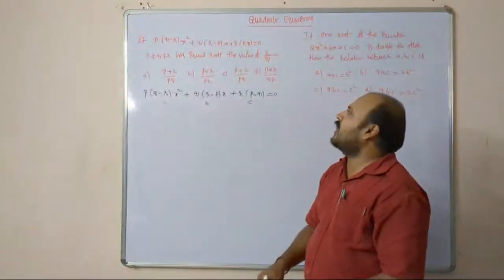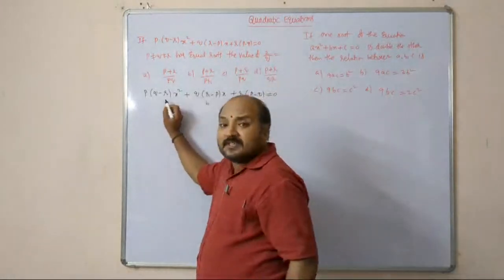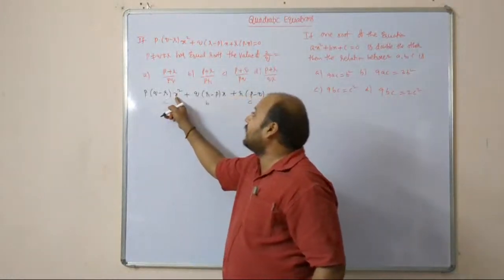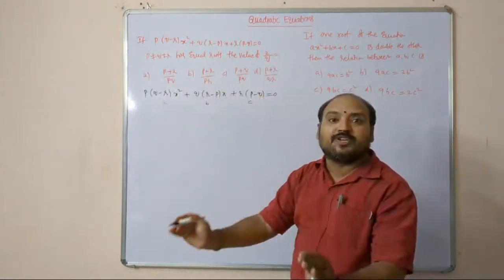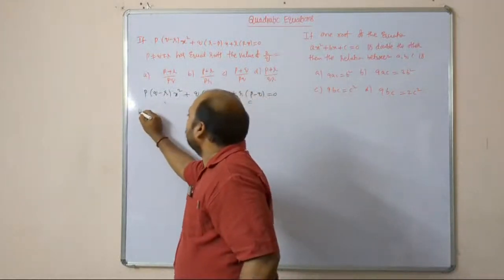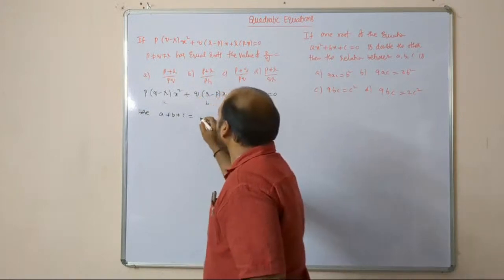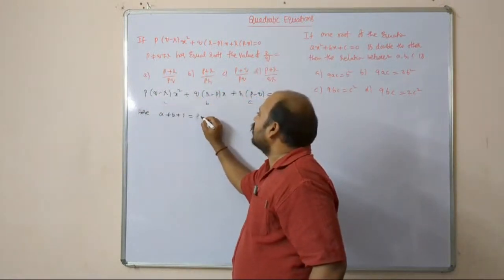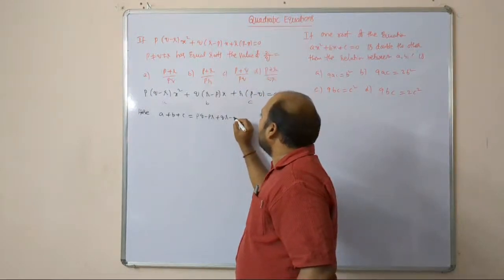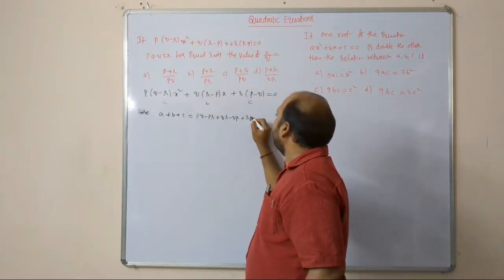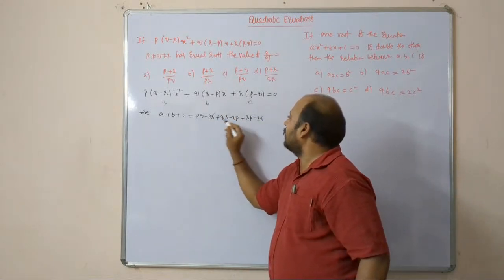Here you observe that a plus b plus c equal to p into q minus r plus q into r minus p plus r into p minus q. So pq minus pr plus qr minus qp plus rp minus rq. These terms cancel, and the sum is 0.